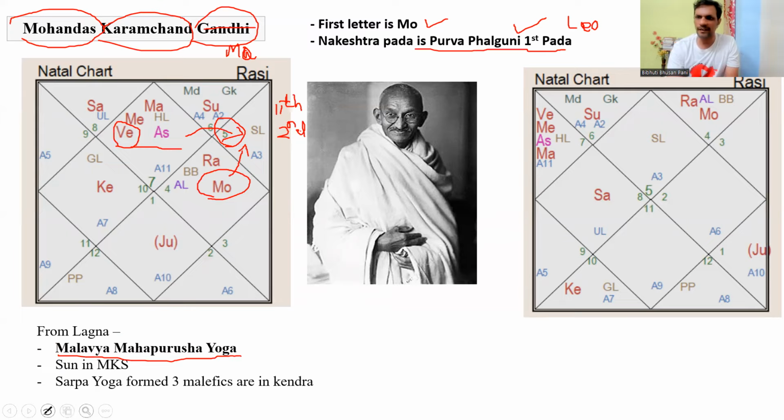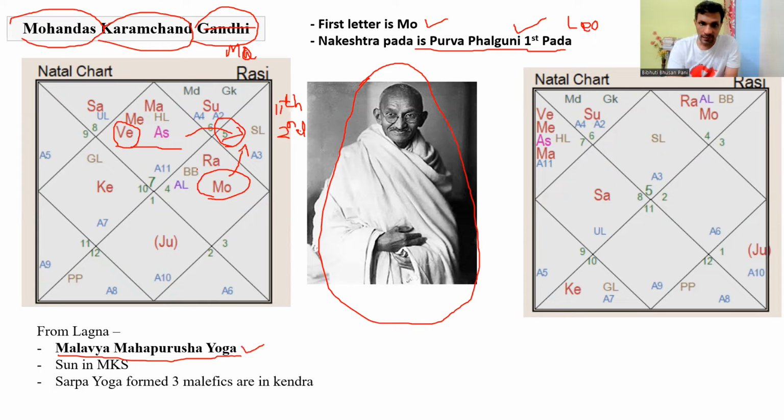But by looking at this picture, one will say he does not have that kind of quality in appearance. At least in appearance, we do not know how he spent the initial part of his life, but by this appearance, we do not feel he has Malavya Mahapurusha Yoga.